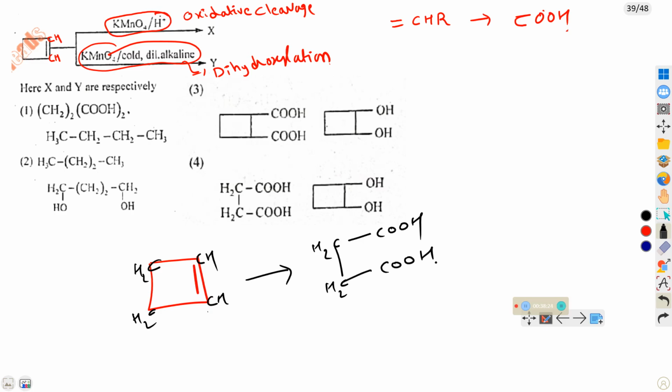In the presence of Baeyer's reagent, which process takes place? Dihydroxylation process takes place and it adds two OH groups, OH, OH. Nothing but this is CHOH, CHOH. Fourth option correct.